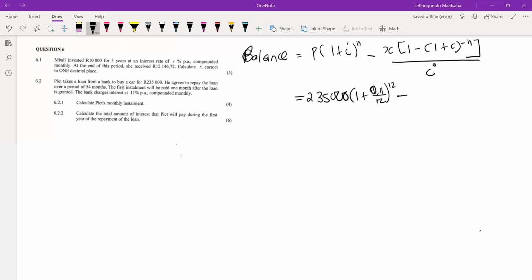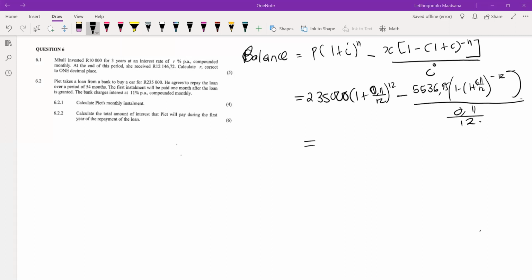So here we have our monthly payments of 5,536 rands and 95 cents. We have 1 minus (1 plus 0.11 over 12) to the power of negative 12, and everything again over 0.11 over 12.